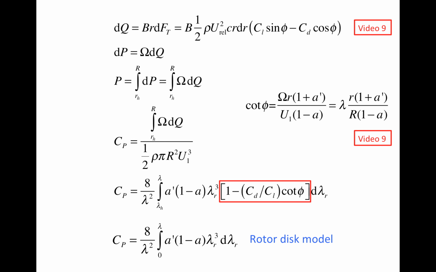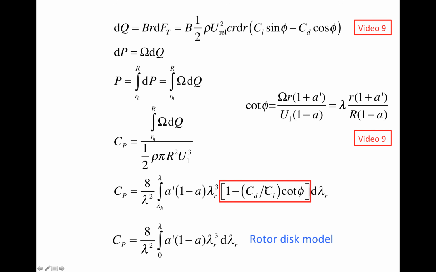In fact, if we look at the expression in the red box, that's the only difference. If the expression in the red box is exactly unity, then this expression becomes identical to the rotor disk expression for the power coefficient. So when does the stuff in the red box become unity? It's unity minus something.